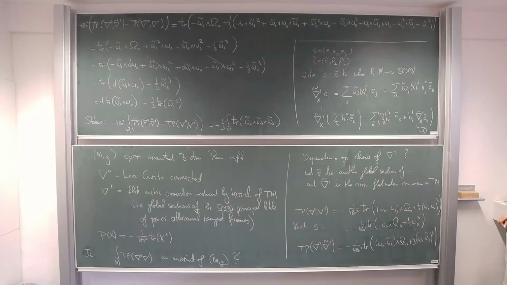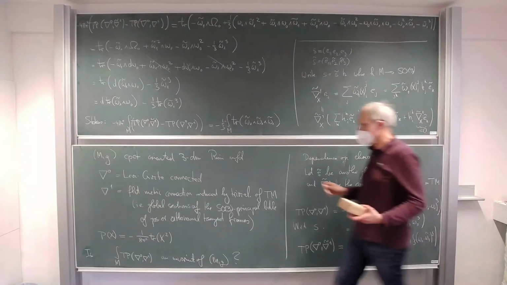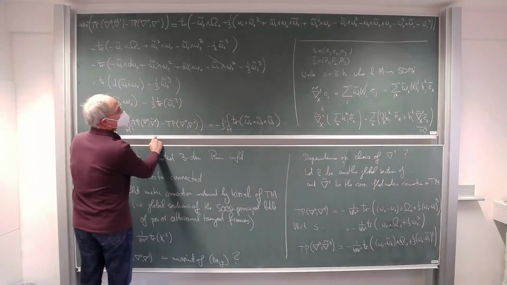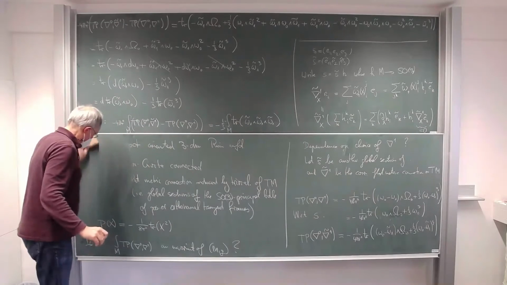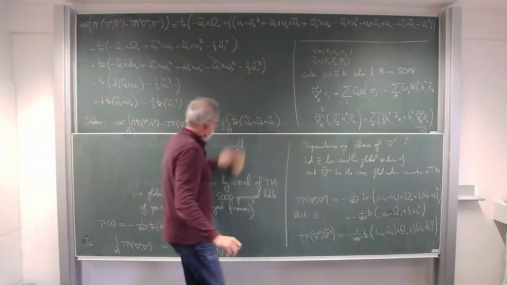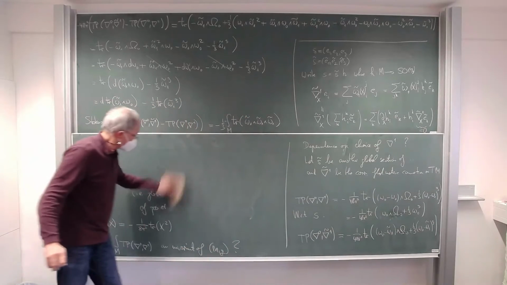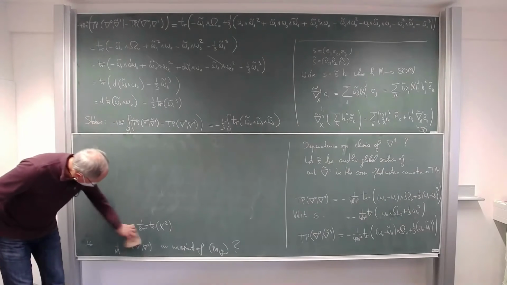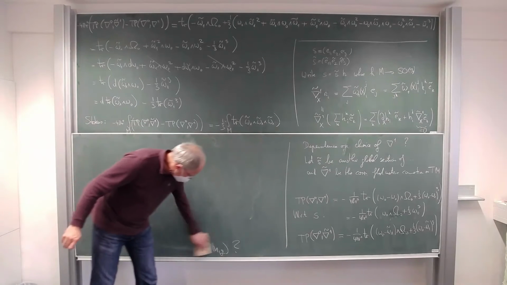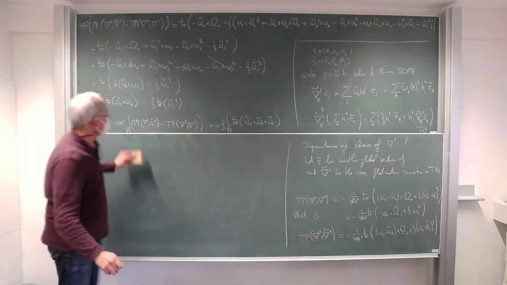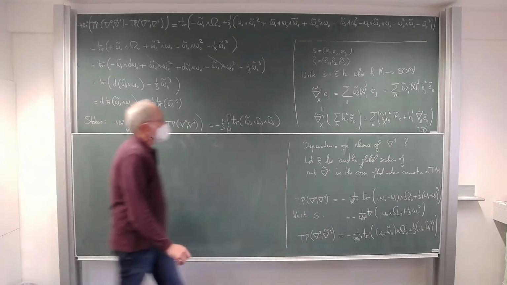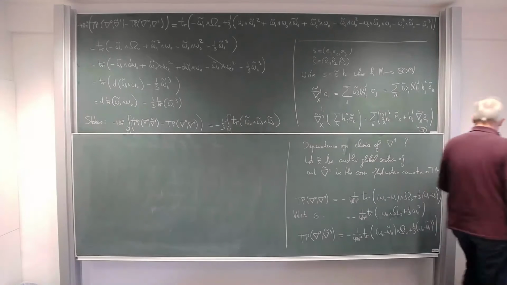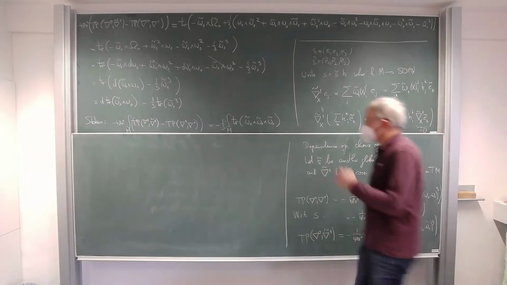And now I can compare coefficients. And so we see that this connection form of nabla 1 tilde can be expressed entirely in terms of the derivatives of H.